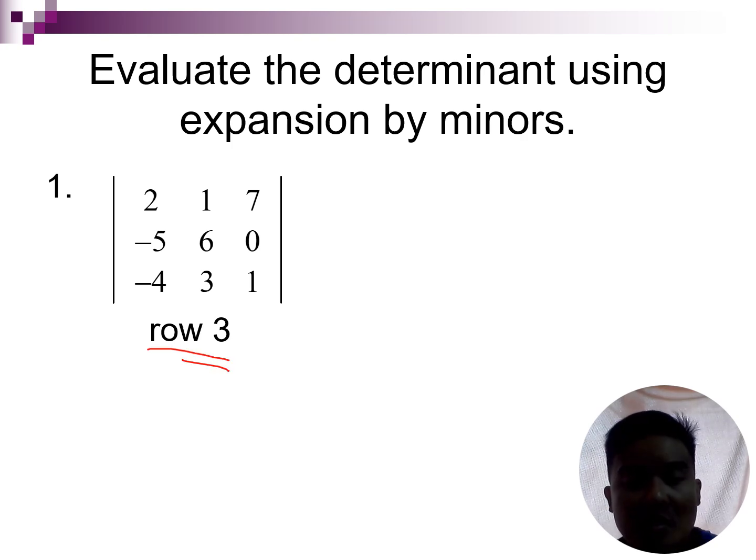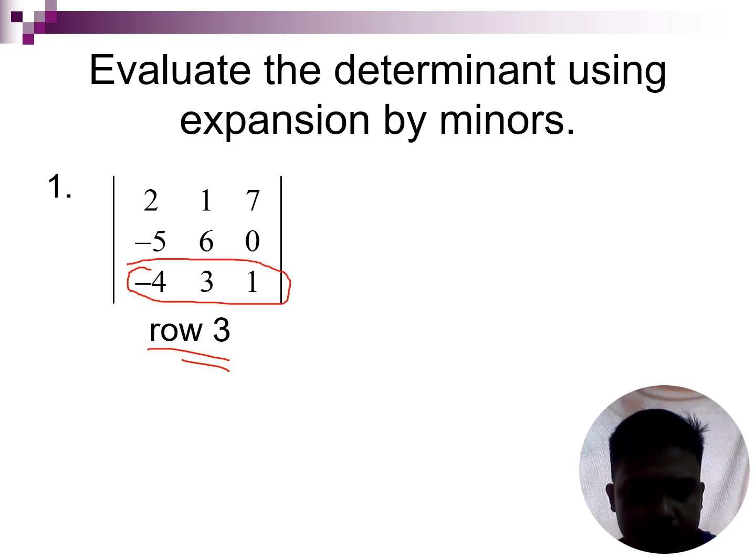So this is row 3, and we will be using that one. If you have remembered, the signs there are plus, minus, and plus.